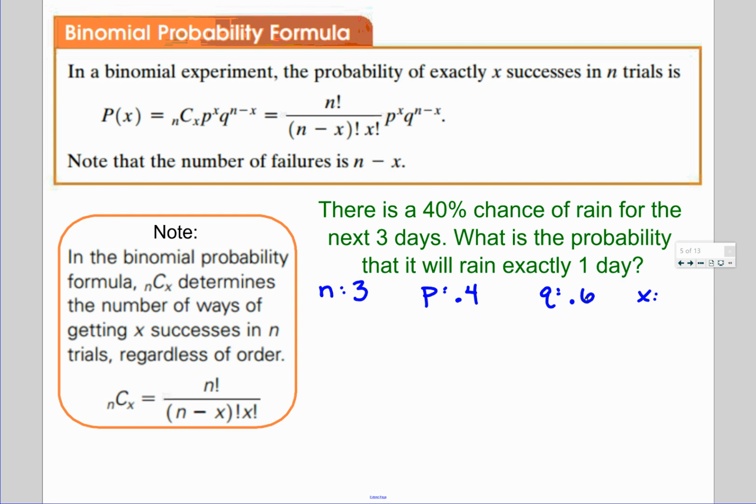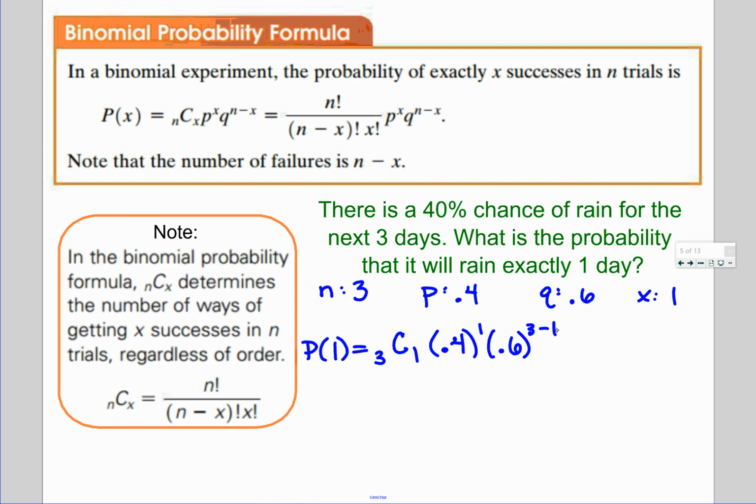Now here the x values range anywhere from 0 to 3, right? No days all the way up to 3 days. We want exactly 1 day. So that's the x we're going to use in the formula. Okay, so the probability that it's going to rain exactly 1 day is n choose x, so 3 choose 1, times our probability of success, 0.4, to the x power, 1, times our probability of failure, 0.6, to the, and you can write this out if you want to, 3 minus 1, or just the complement of that.